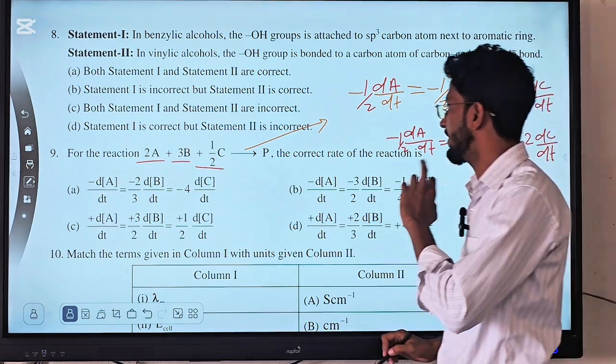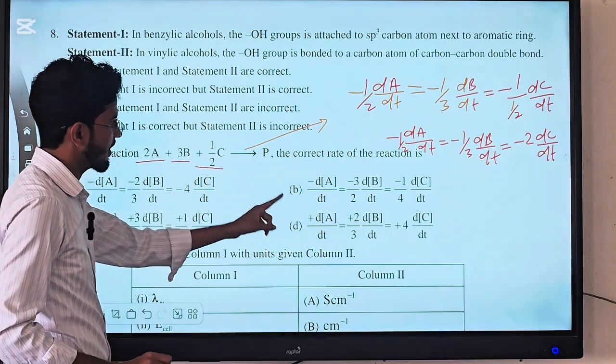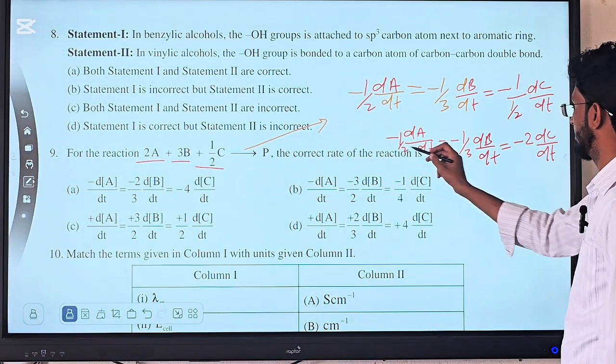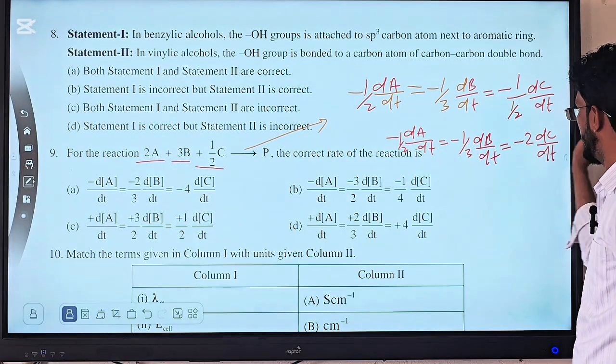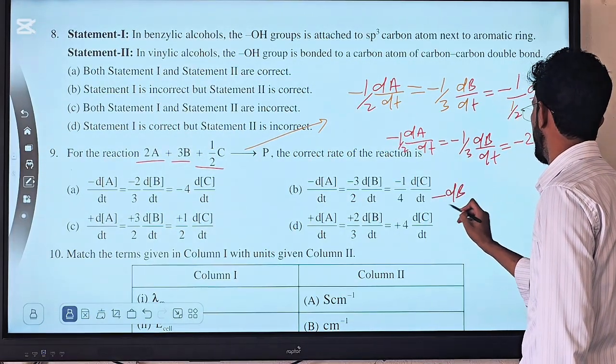Now, if we rearrange this, all the options contain minus dA upon dt, so we can multiply accordingly.